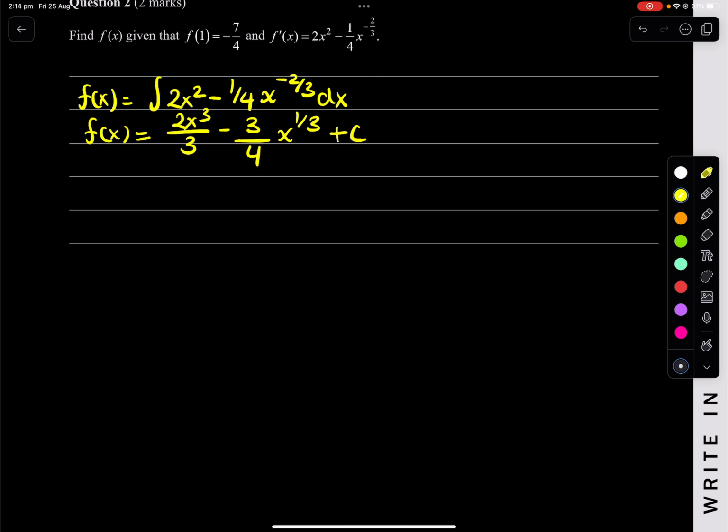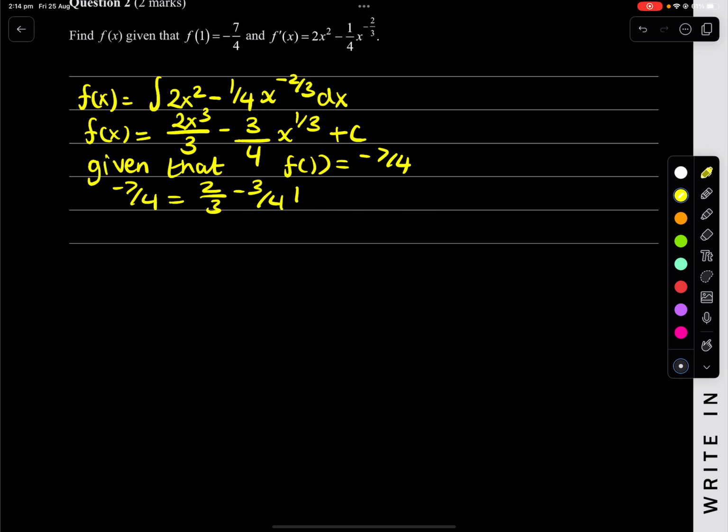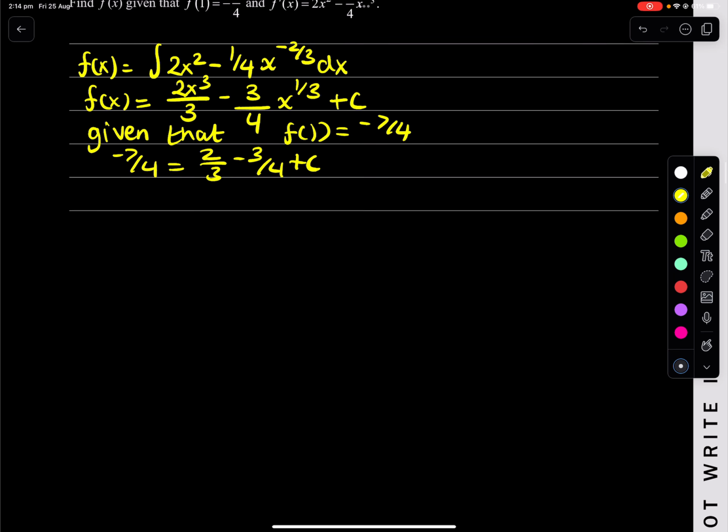Now, given that f(1) is equal to negative 7 over 4, we can sub in 1, so it'll be negative 7 over 4 equals 2 on 3 minus 3 over 4 plus c. Would be negative 7 over 4 plus 3 on 4 minus 2 on 3 equals c.